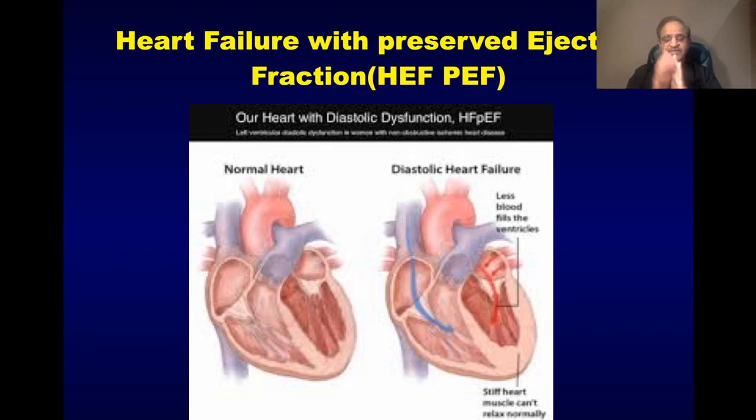However, the left ventricular end-diastolic pressure will be high because of the stiffness of the wall of the left ventricle due to disease, due to ischemic heart disease, due to hypertrophic cardiomyopathy, due to hypertensive heart disease. The ventricle is stiff and the patient has symptoms of left heart failure without left ventricular enlargement. So this is the difference between heart failure with reduced ejection fraction and heart failure with preserved ejection fraction.